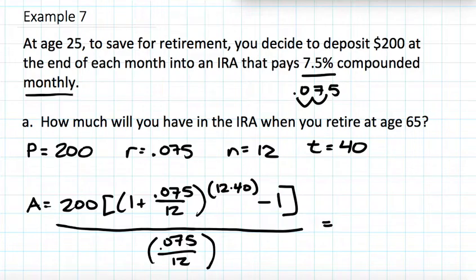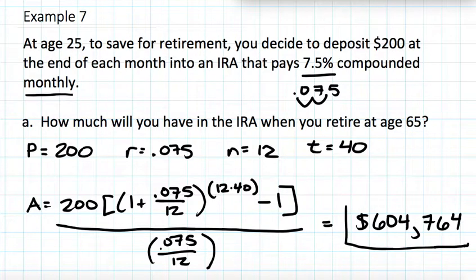I'm going to round to the nearest dollar since that's what it asks for on the homework. What you should get here is $604,764. So type this into your calculator and make sure that you can type it in correctly. So that's how much I will have in the account when I retire after 40 years.